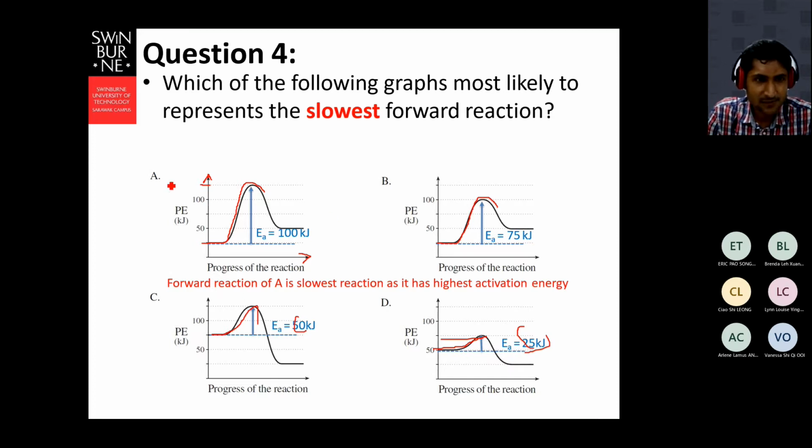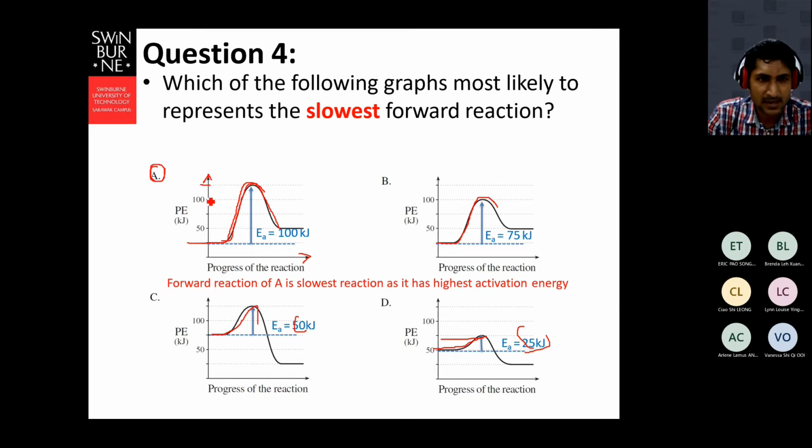Since the activation energy for A is much higher, this reaction will be much slower. That means the reaction will go, but it will go very slowly, because it has a bigger mountain to overcome than the others.